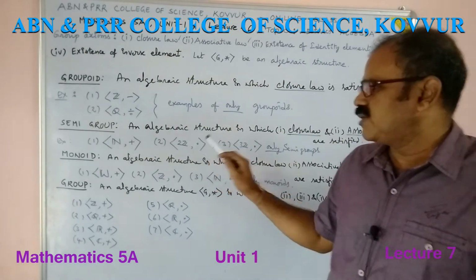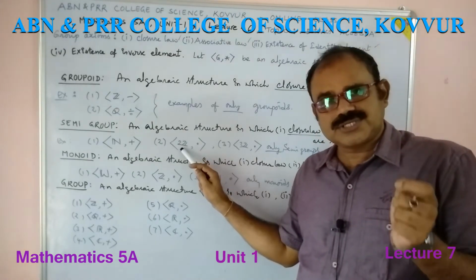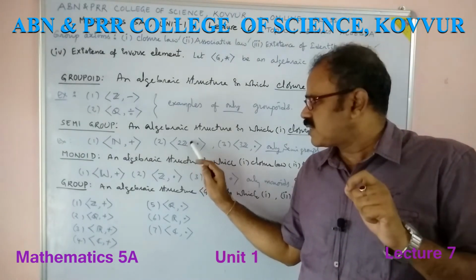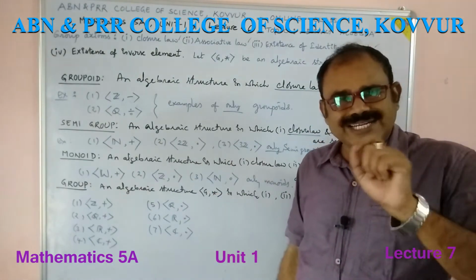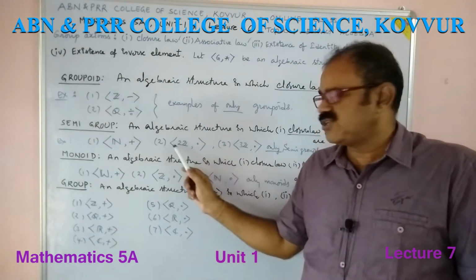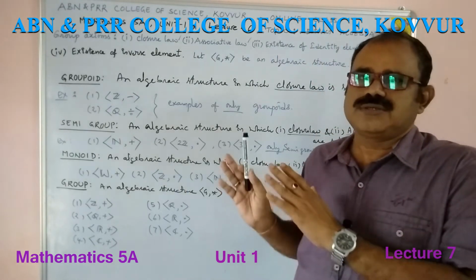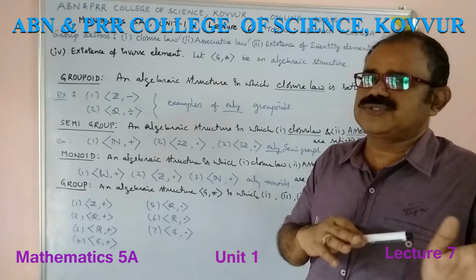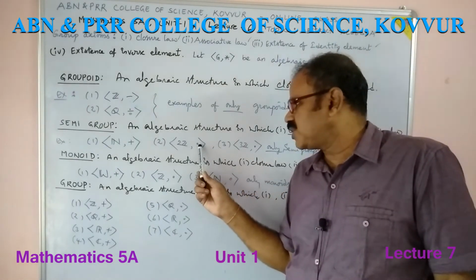Similarly, 2Z dot. What is 2Z? We have discussed in the previous classes. That is the set of all even integers, or multiples of 2. So, 2, 4, 6, 8, minus 2, minus 4, 6, 8, which includes 0 also, with respect to multiplication.